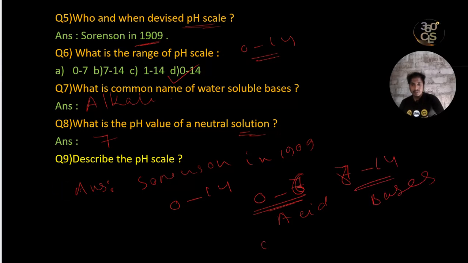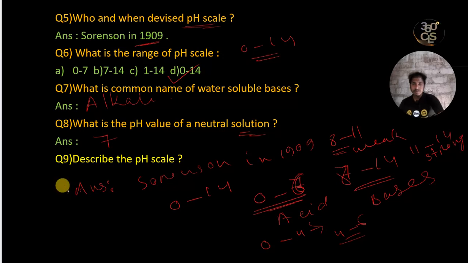Now 0 to 3, or you can say 4, all are strong acids, and from 4 to 6 these are weak acids. Similarly, in the case of bases, 8 to 11 are weak bases, and 11 to 14 are strong bases.